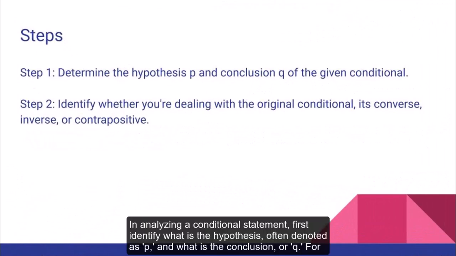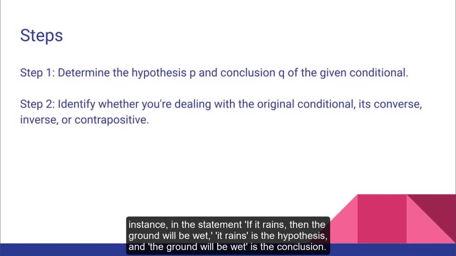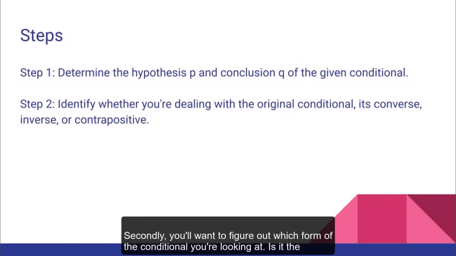In analyzing a conditional statement, first identify what is the hypothesis, often denoted as P, and what is the conclusion, or Q. For instance, in the statement, if it rains, then the ground will be wet, it rains is the hypothesis, and the ground will be wet is the conclusion. Secondly, you'll want to figure out which form of the conditional you're looking at.